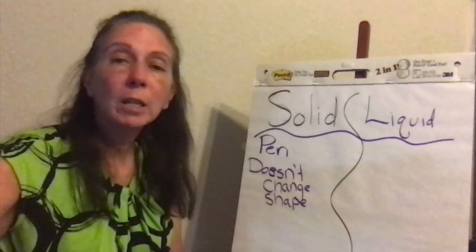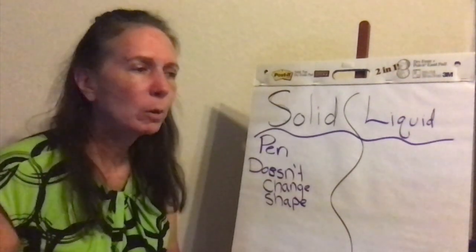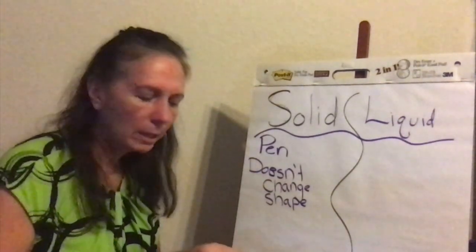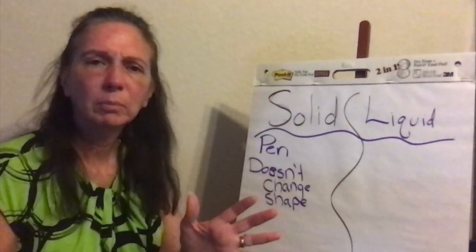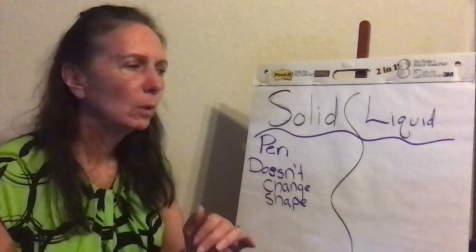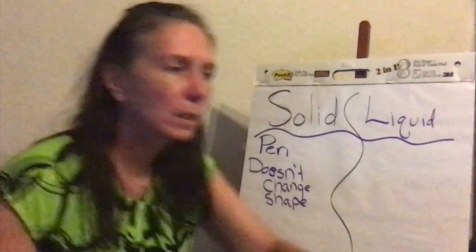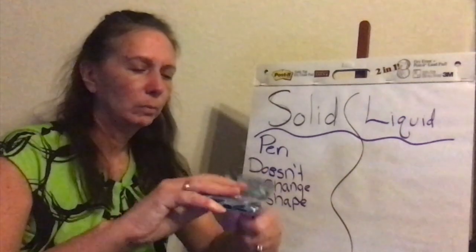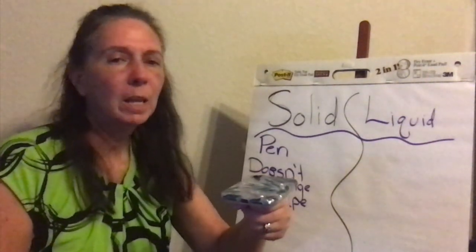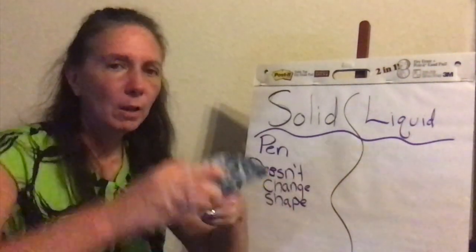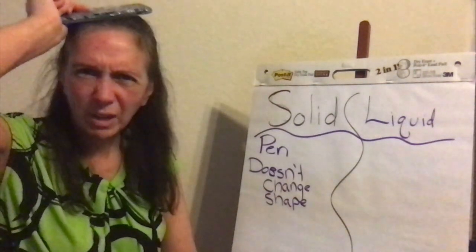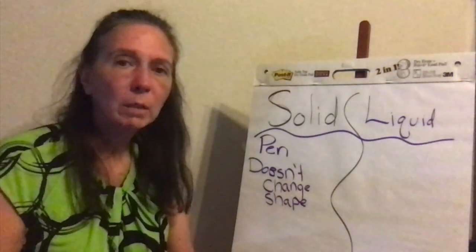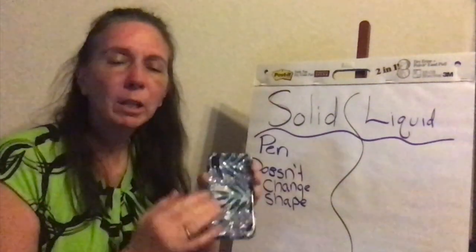What would be another example of a solid? Think about if I were to put something on my head or in my hand, it's still going to look the same. Oh, that's a great example. If I take my phone and I put it on my hand, it still looks like a phone. If I put it on my head, it still looks like a phone, right? So no matter where I put it, it's still the phone.